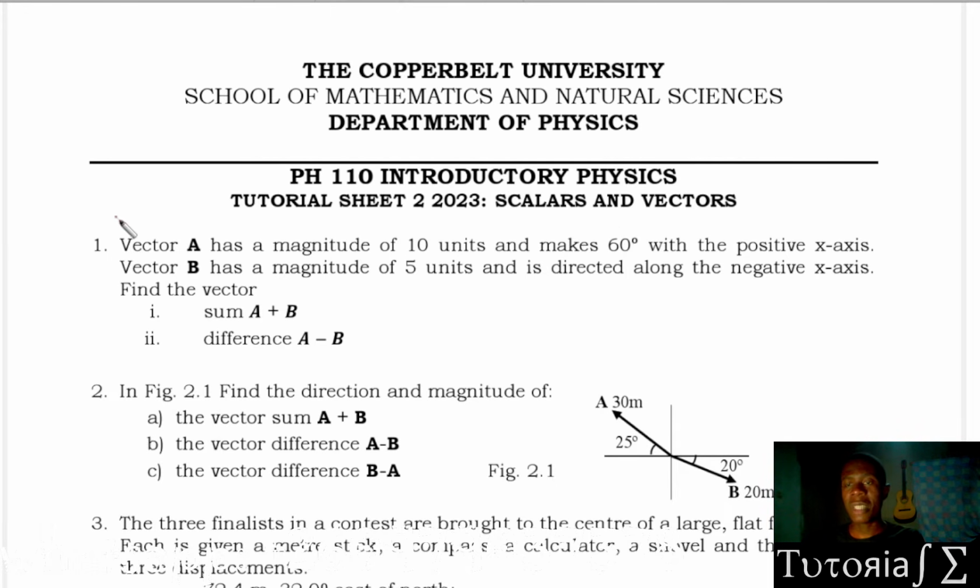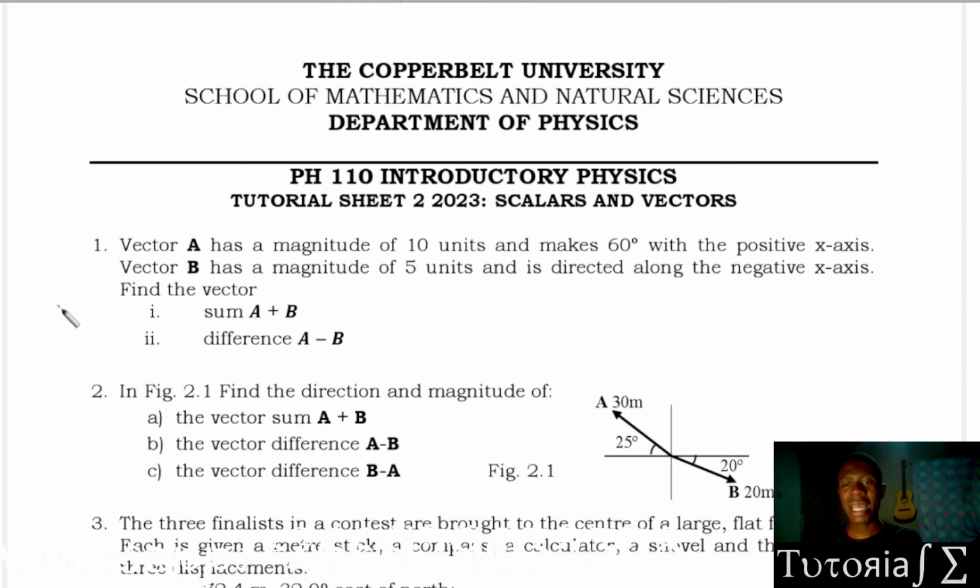All right, so this is physics. So let's go on with the lesson. This tutorial sheet is categorized into 3 sections. The first section is about vector addition and subtraction, as you can see. Then the second section is about finding the direction of the vector.